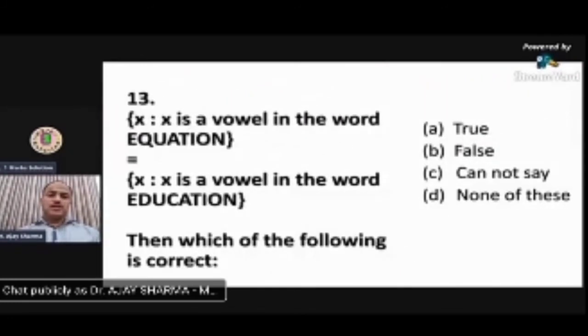Now this is very simple, but a different question. A is the set of x such that x is a vowel in the word equation. You know how many vowels are there in this, and you can easily write down the set. What is the instruction here? This set is equal to another set.